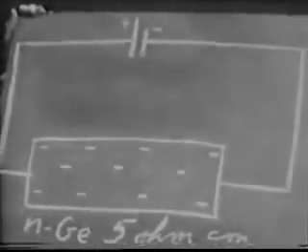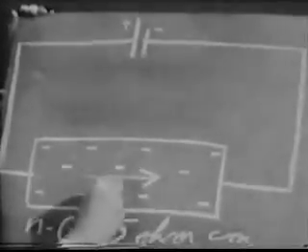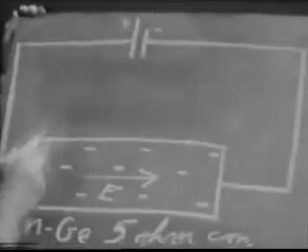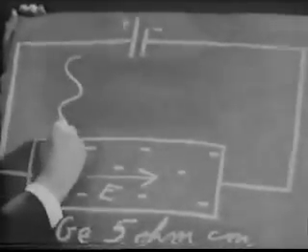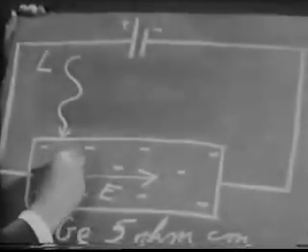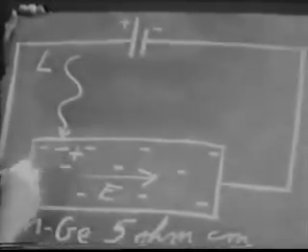These electrons carry current in a uniform electric field E produced by a battery. The source of minority holes is a flash of light whose photons have enough energy to eject electrons from the valence bonds and make hole electron pairs.